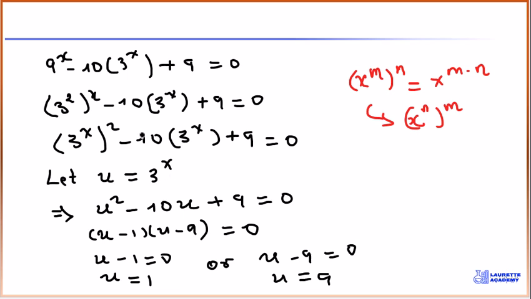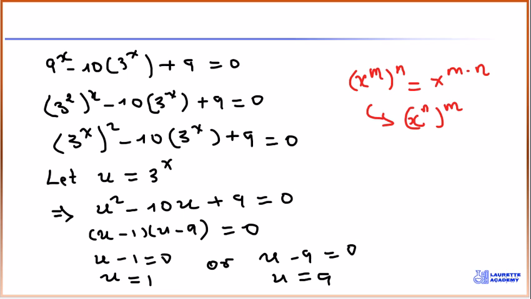So we have two values of u, which are the roots of this quadratic equation, u squared minus 10u plus 9 equals 0. But initially we set out to look for x.